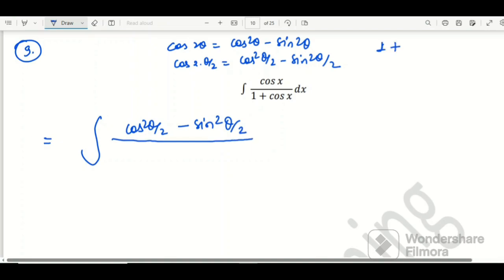And we know the related formula, 1 plus cos 2 theta equal to 2 cos square x upon 2. So 1 plus cos x will be 2 cos square x upon 2.